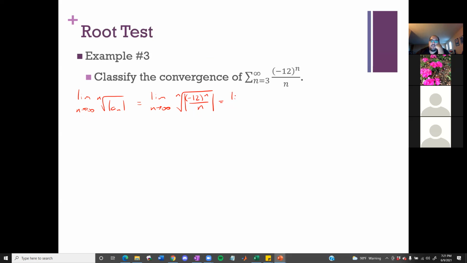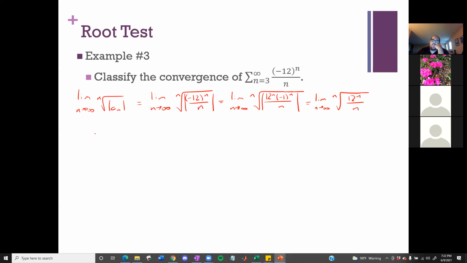I won't always do this slowly, but we can do this now. This negative 12 to the n, I can treat like this: the absolute value of 12 to the n times negative 1 to the n over n. And because of that, the absolute value is just going to cancel out the alternation. So then what I really have is the nth root of 12 to the n over n.